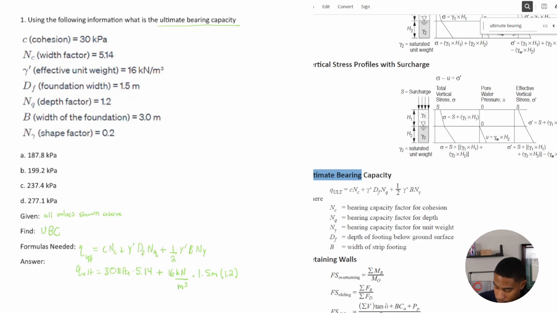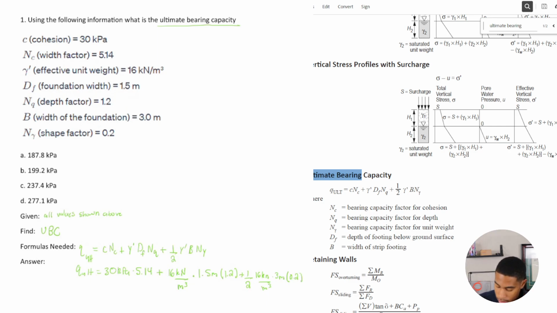Okay. Plus 1 divided by 2 times Y prime, which is 16 kilonewtons per meter cubed, and then times B, 3 meters, and then times my N sub Y, which is 0.2.